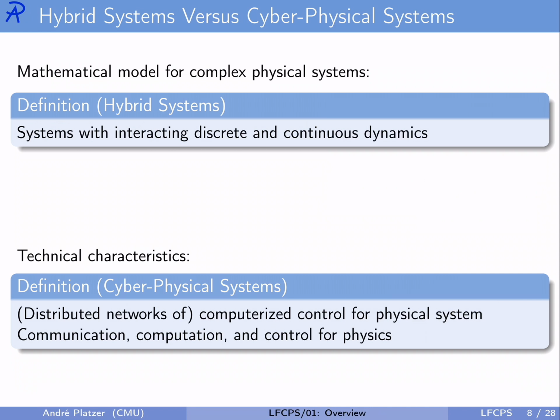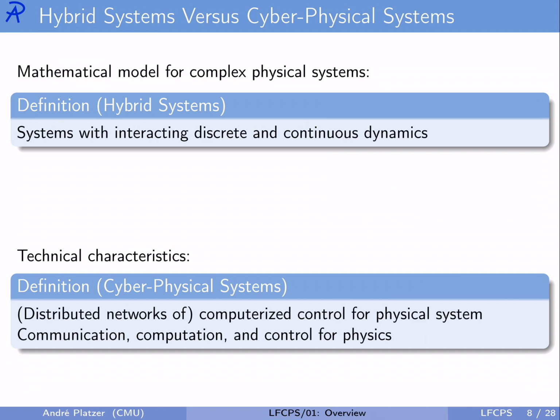But the source is a mathematical model, whereas a cyberphysical system comes from a technical characteristic. A canonical cyberphysical system is implemented as, for example, a distributed network of computerized control systems that are controlling a physical system with communication, computation, and control aspects of physics.